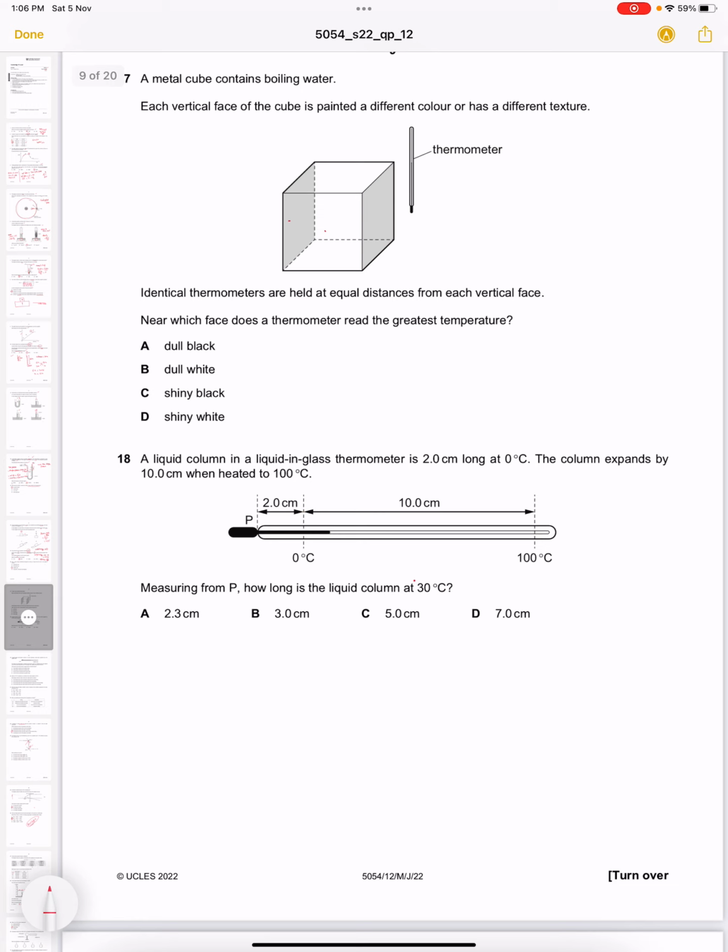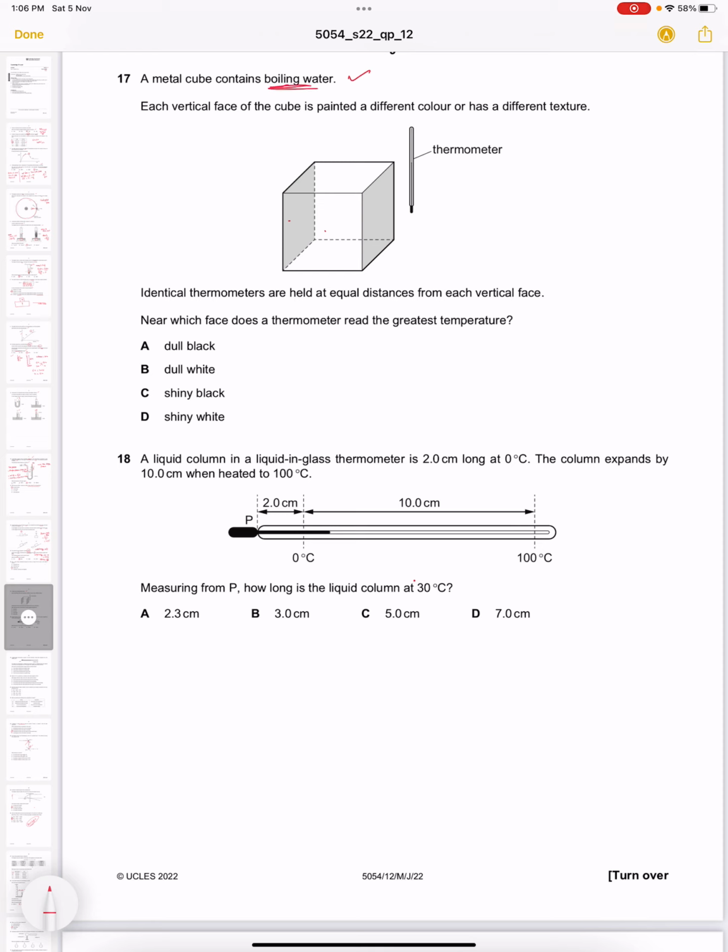Next question. A metal cube contains boiling water. Each vertical face of the cube is painted a different color or has a different texture. Fine. So here we will use the concept that radiation depends on color and texture of the surface, and from that we know very well that dull black surface is a good emitter and good absorber of radiation.